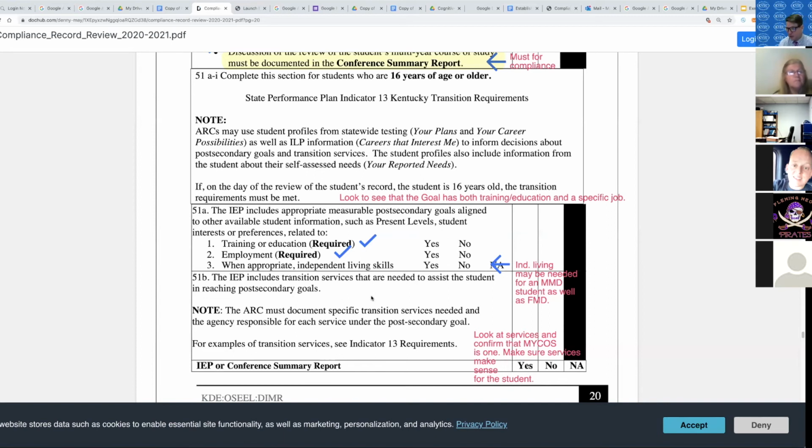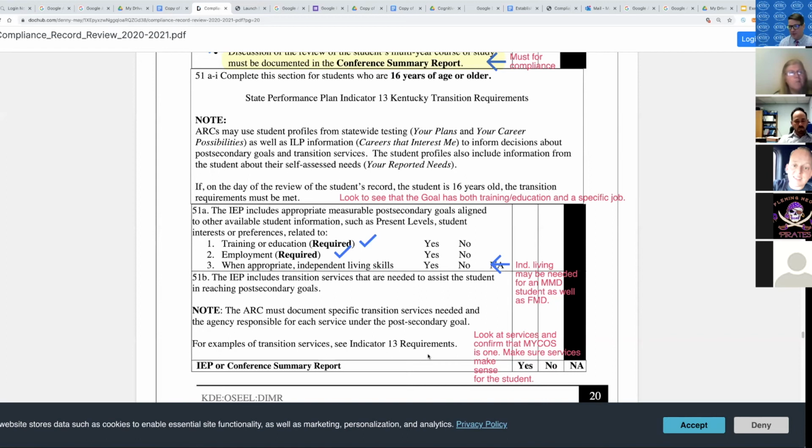And there are other transition services, all kinds, and in our full-blown transition training, we would go into what those things are. But when we're reviewing a file, we're looking to see, hey, is the multi-year course of study there? Do we have some other transition services? Are we doing community experiences? What are some of the linkages we're making for outside agencies? Those types of things. What are the services that are needed to help this student reach their post-secondary goal?